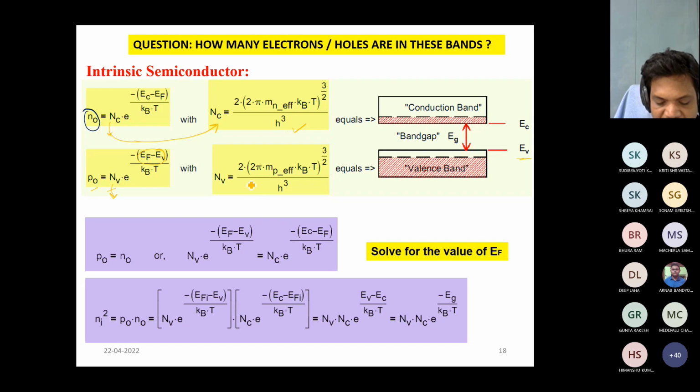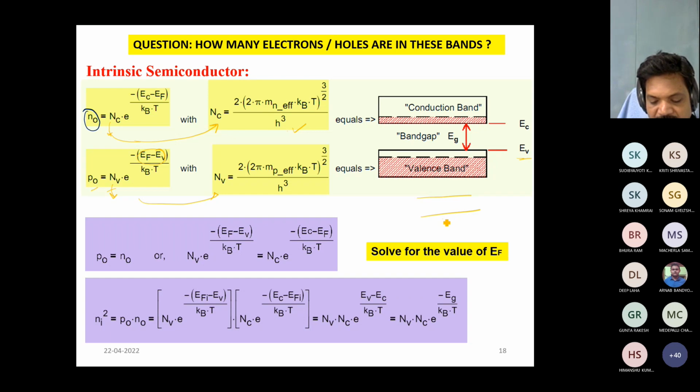NV is given by the same expression, with the difference that it uses the effective mass of the holes. And for an intrinsic semiconductor, the electrons and holes are generated pairwise.